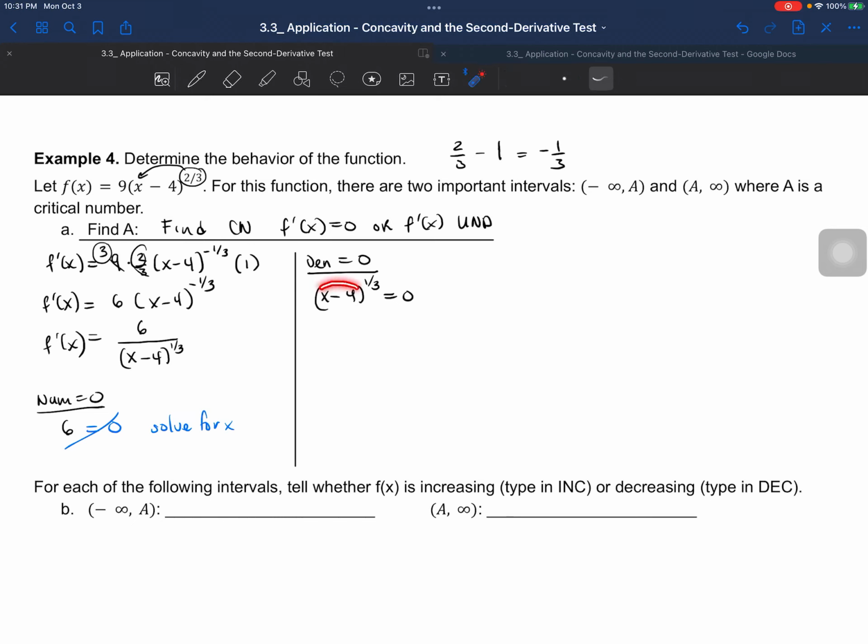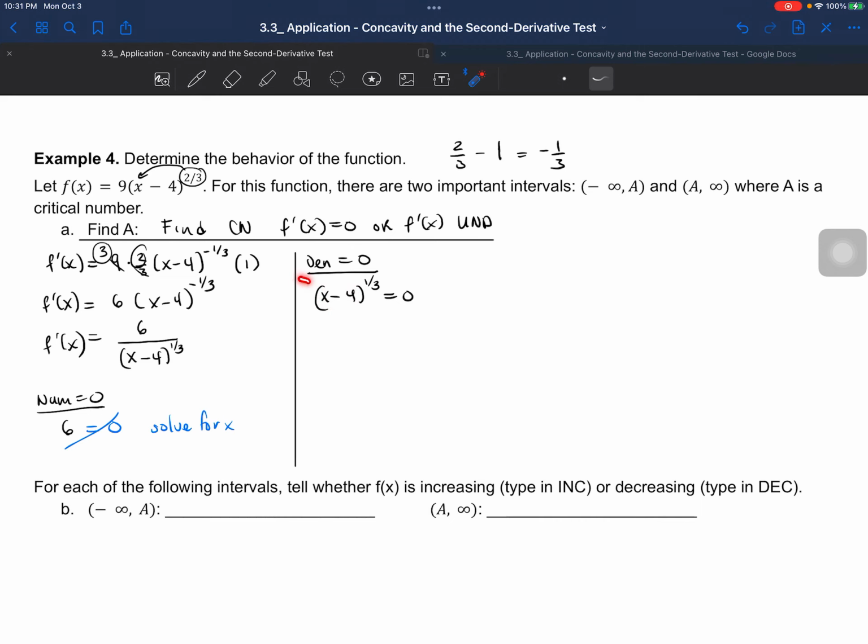Now this is going to equal 0 only because you have an expression raised to a power. The power is not going to change whether this is going to be 0 or not. The only way this whole thing is going to be 0 is whenever the inside is 0. You know what I'm saying? Because you cannot have like a negative 0.5 times negative and raised to the 1/3 to give you 0. The only way this is going to be 0 is whenever this is equal to 0.